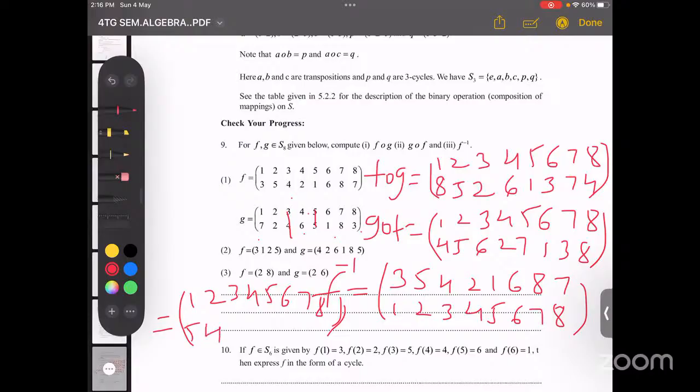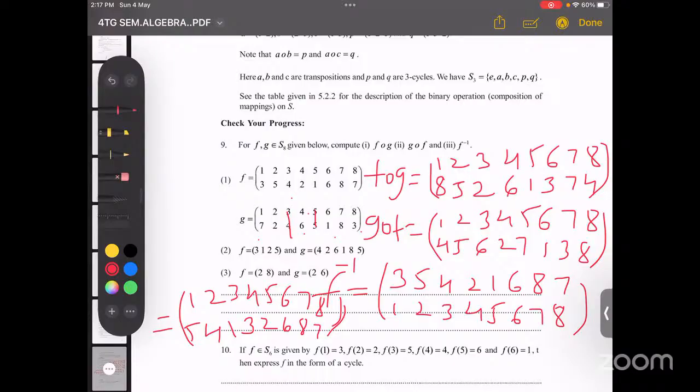Next 3 is mapping to 1. Next 4 is mapping to 3. Next 5 is mapping to 2. Next 6 is mapping to 6. 7 is mapping to 8. 8 is mapping to 7. Now we have written it in the order, that is, we got 5, 4, 1, 3, 2, 6, 8, 7.